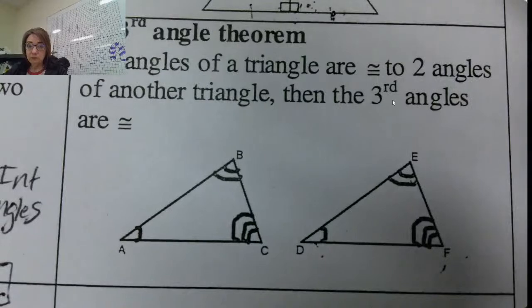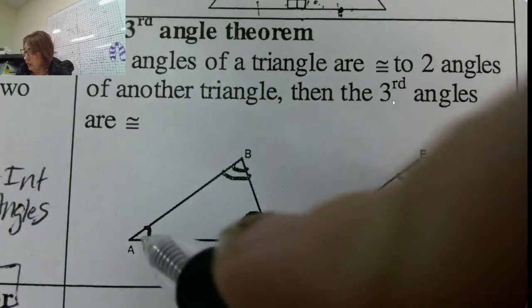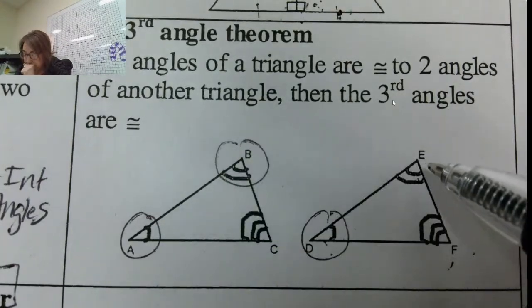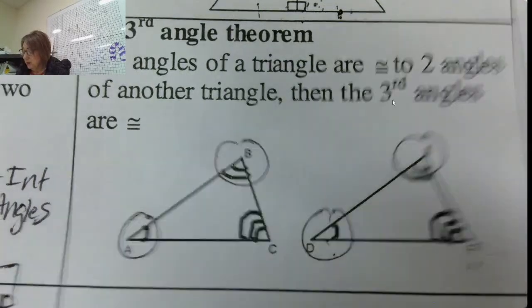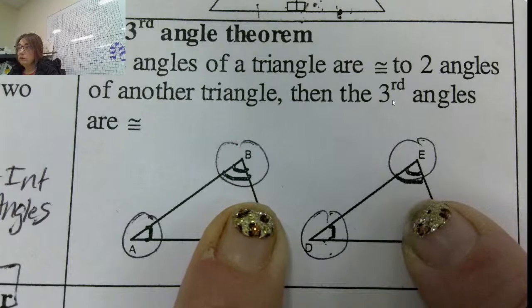Okay? We only have one more, and then I've got a little bit of talk, and then I'm going to give you some problems to work on. If I tell you that angle A is congruent to angle D and angle B is congruent to angle E, but I don't say anything about these other two, what conclusion can you draw about those two angles I did not tell you anything about?